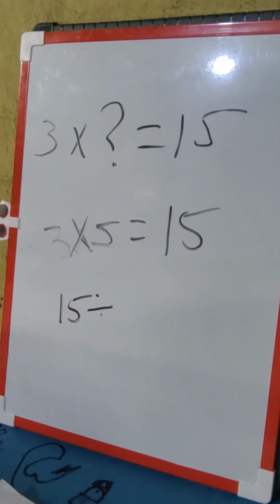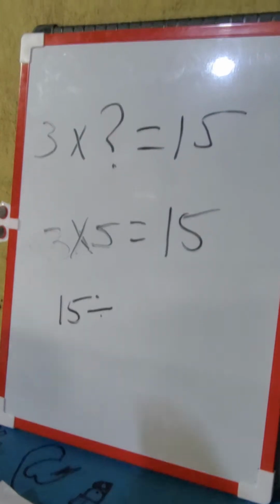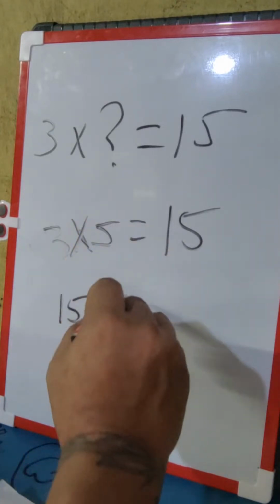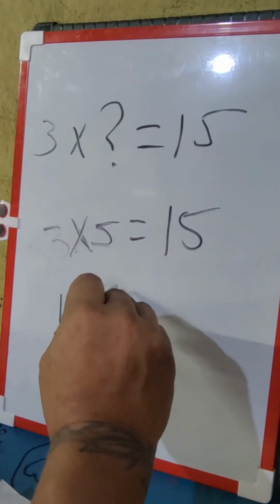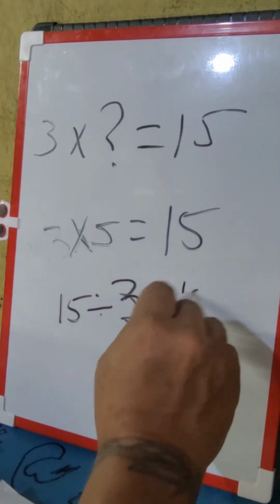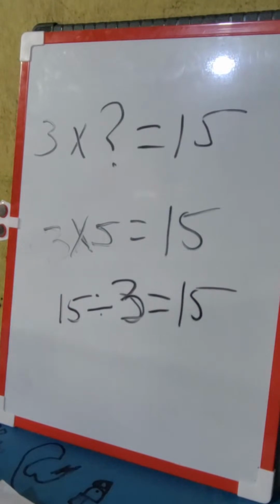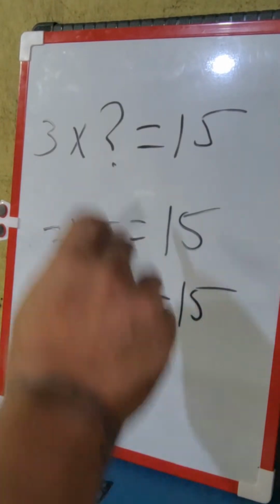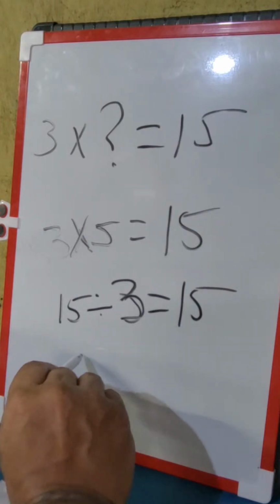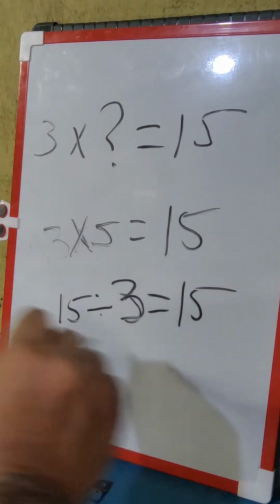I forget, the dividend, divided by the divisor, 3, equals 5. Oops, I messed that up. 15 divided by 3 equals 5, correct? That's why. Basically, it's the same answer right there. Remember how I was showing you before?